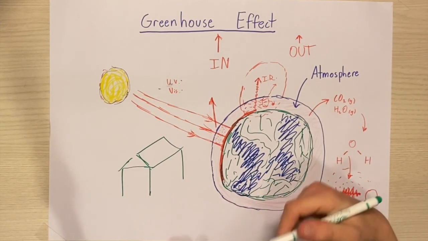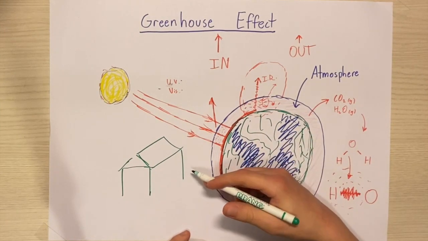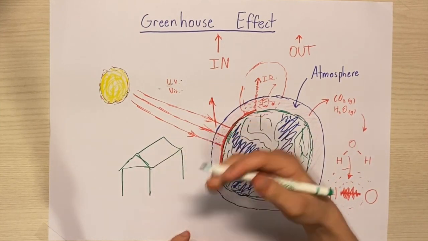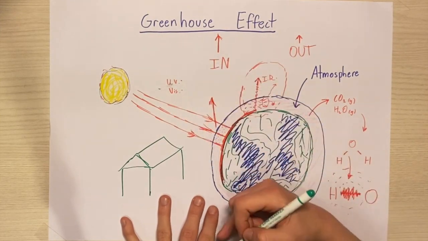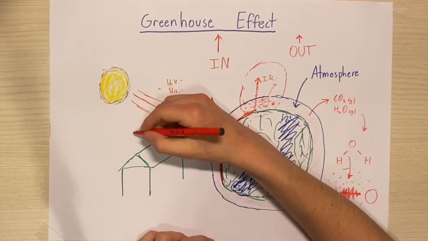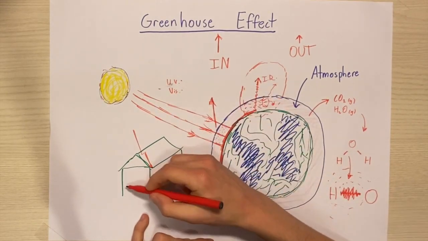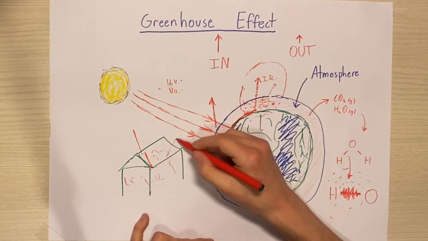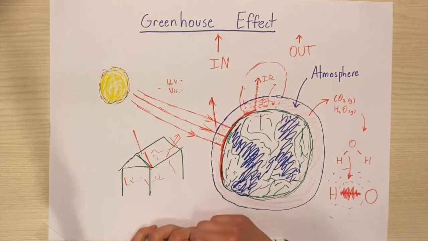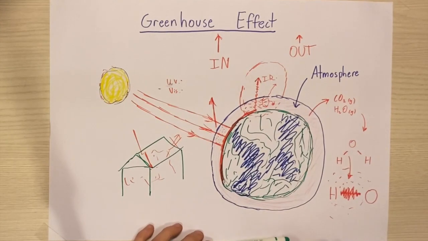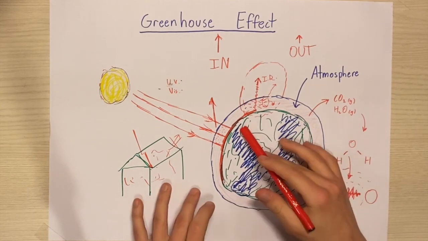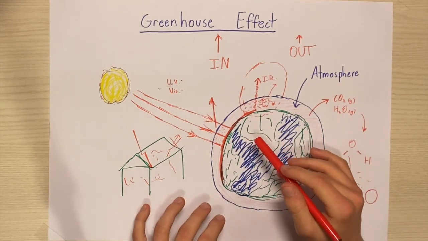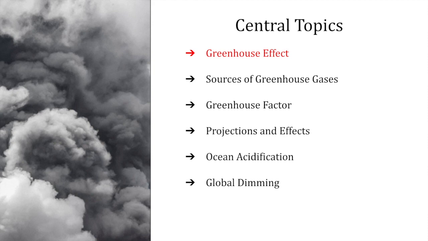And it is actually very humid and very hot inside greenhouses sometimes if they don't have proper ventilation systems, because the glass material will allow heat to get in the form of light, but it will trap it inside and it won't allow it to go out again. And so it is analogous to the system of different energy interactions that occur in the Earth's atmosphere. So that's all you need to know about the greenhouse effect for the IB.